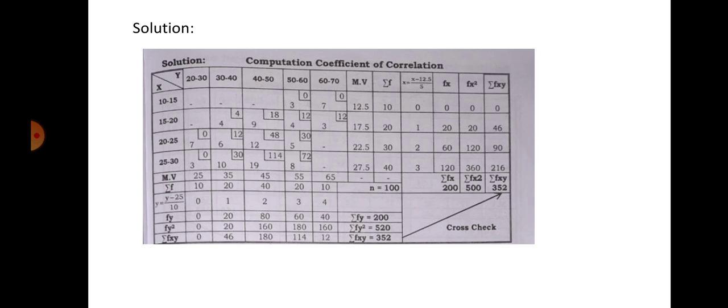Now the last column sum, which is 12 plus 0, which is 12. Add all the values now. 46 plus 180 plus 114 plus 12. 180, you add 6 plus 4, 10 plus 2, 12. 1 plus 1, 2, 3, 8, 11, 4. So this sum is also 352.